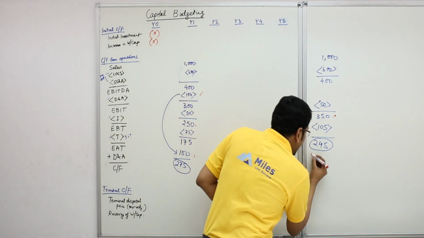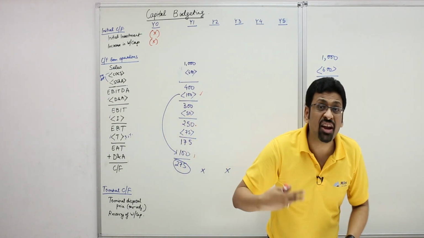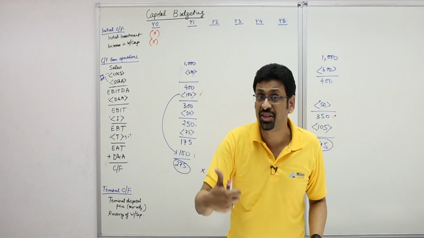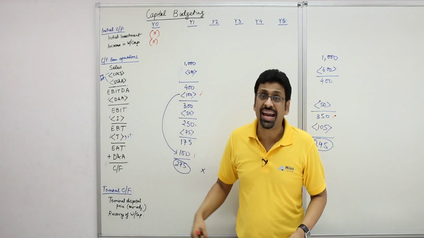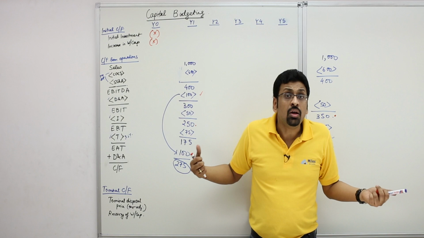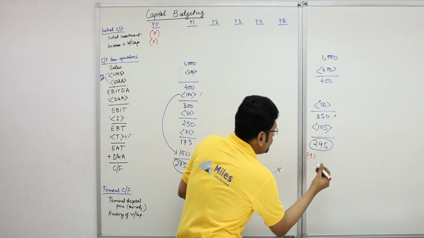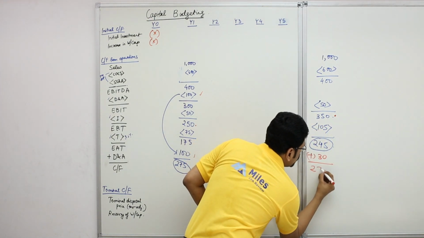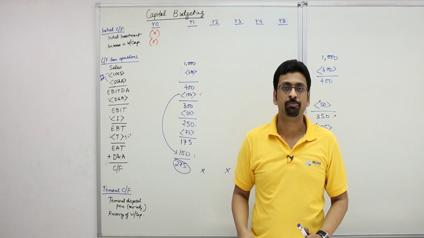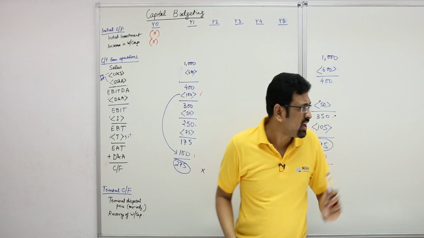So if we consider the tax benefit out of depreciation, so $100 of an expense allowed for tax purposes, 30% is the tax rate. What's the tax benefit out of this depreciation? $30. So now to this 245, if you add 30, you get to 275, which is the same number as we have right here. So I would not recommend going for this method.